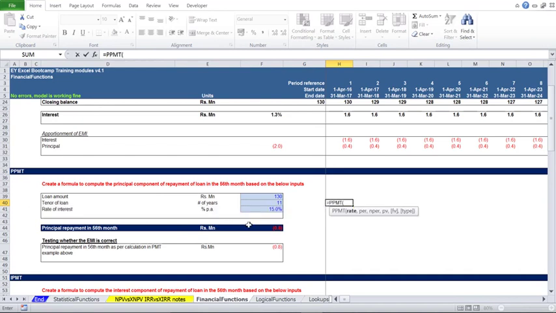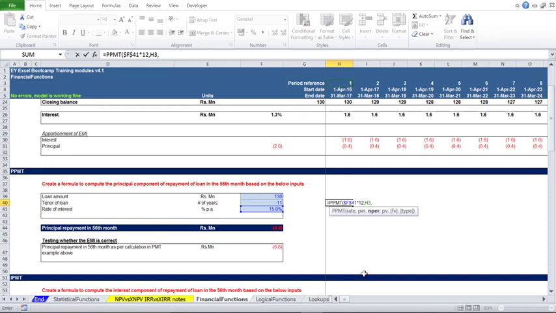Let's press tab. The rate is 15%. Let's click F4 into 12 to convert it into a monthly rate. PER means period. So let's say this is the first period and we link it with the period reference in row number 3.